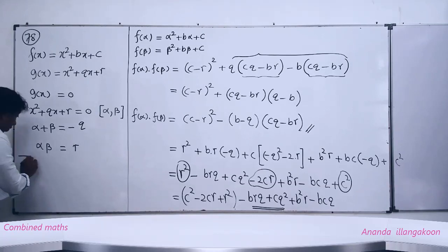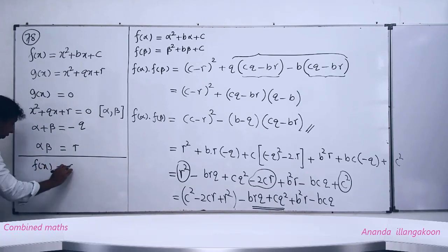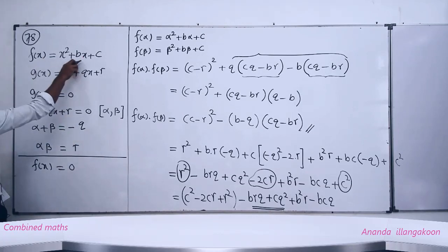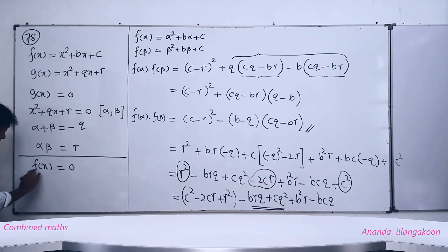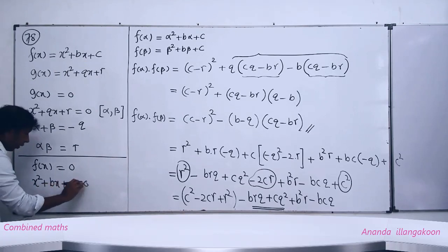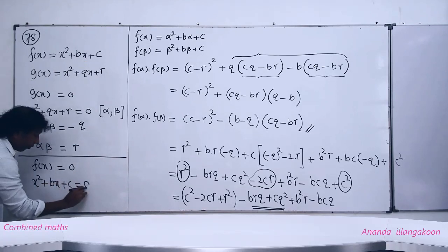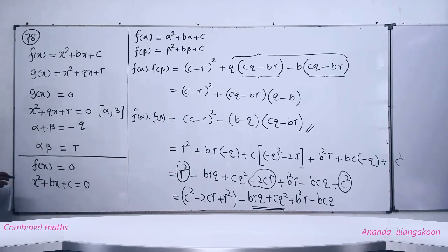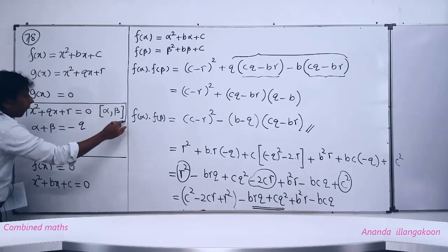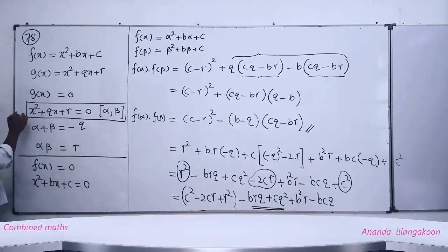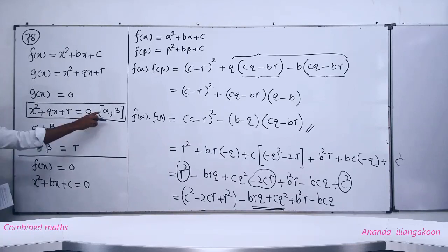Now people, f(x) equals 0 means x squared plus bx plus c equals 0. Then g(x) equals 0 is this. Its roots are alpha, beta. f(x) equals 0 is this.